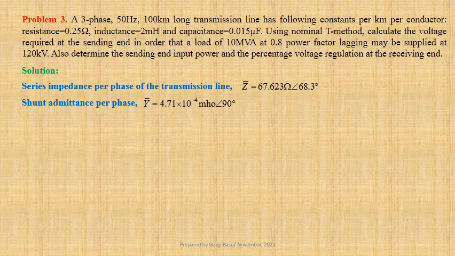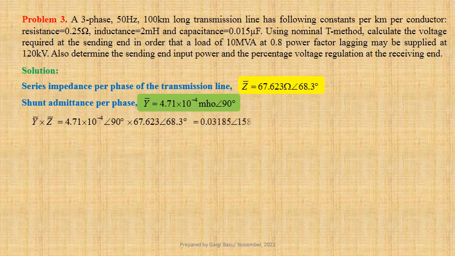Let us now calculate Y into Z. Using values we get 4.71 into 10 to the power minus 4 at an angle 90 degree into 67.623 at an angle 68.3 degree. That gives us 0.03185 at an angle 158.3 degree. This may be written in Cartesian form as minus 0.029593 plus J times 0.0117764.